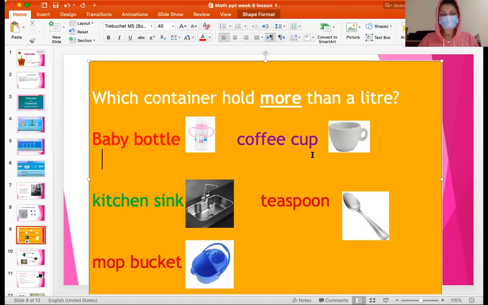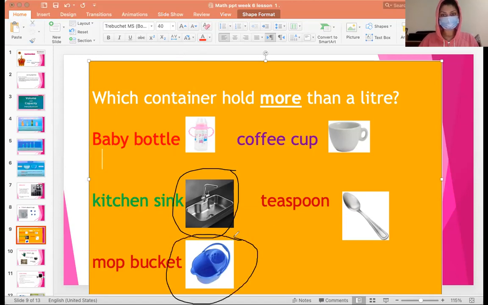Coffee cup, kitchen sink, teaspoon, mop bucket. I will go for definitely the kitchen sink and the mop bucket. Okay.